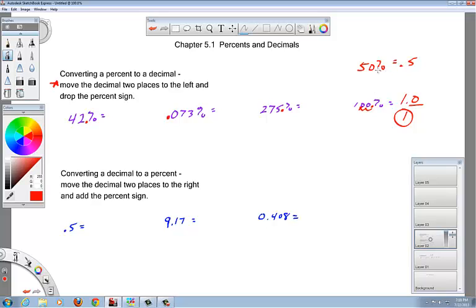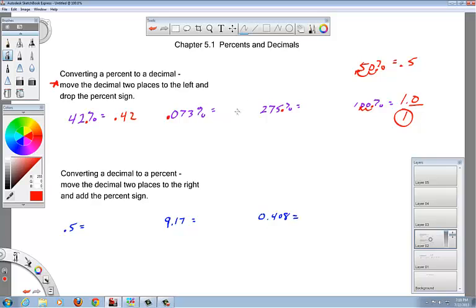Now remember, how do you go from here to here? Well, this decimal has to move back 2 places. So if we move this back 2 places, it's going to be 0.42. This is going to go back 2 places. This one here, I mean, 9 out of 10 people, when they first see this, will say 7.3. And that's, of course, not right.